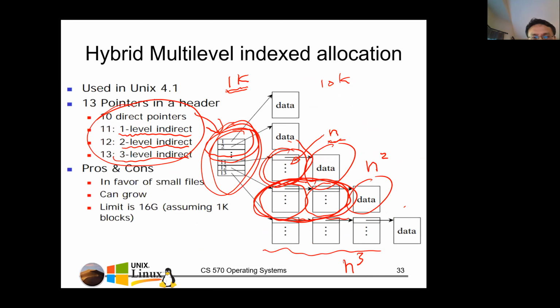Let's say this one has 256. This is for the double indirect. Each one of these 256 entries points to another table that has 256 entries, right? So the total number of blocks a double, or two-level, indirect can describe is 256 times 256, right?